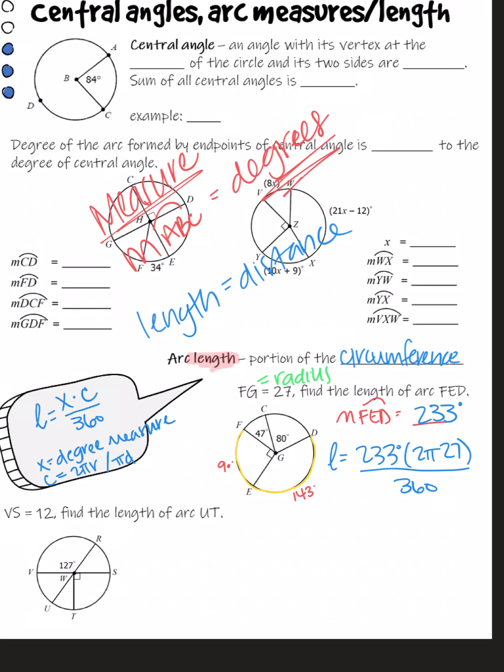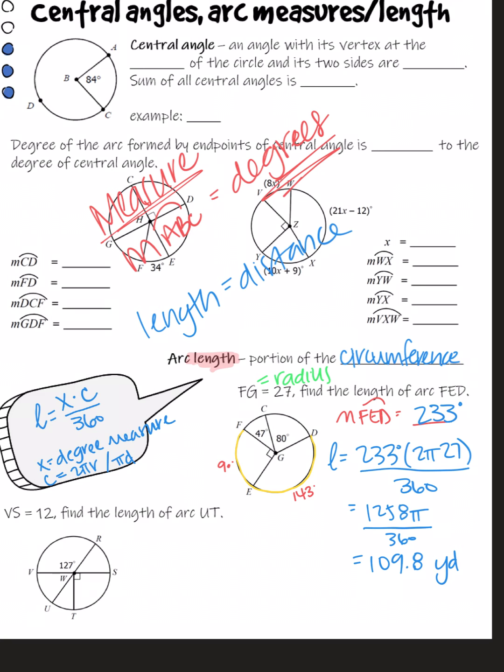If I multiply all the numbers at the top, I get 1258 times pi, which we're going to use 3.14 for when doing our work, that way we're all rounding the same way. If I finish off this math, I get roughly 109.8.